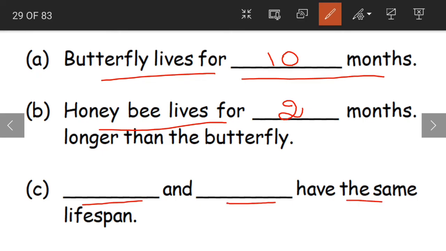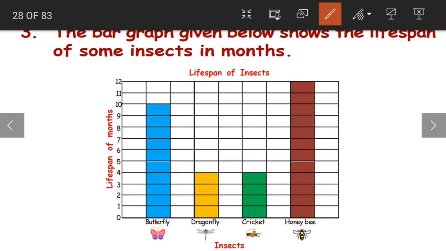Next, dash and dash have the same lifespan. So for the same lifespan, you have to look at the bars which are of the same height. If you look at these two bars, they are of the same height. So that means their lifespan is the same, that is 4 months. And what are those insects, children, having the same lifespan? Dragonfly and cricket.